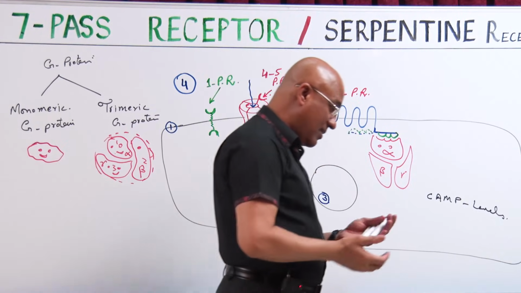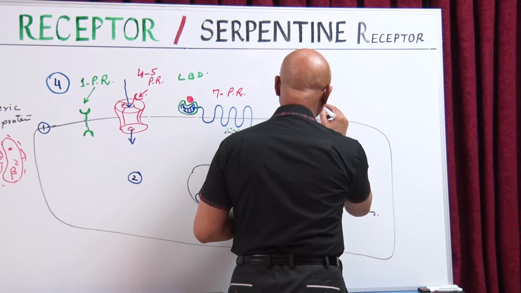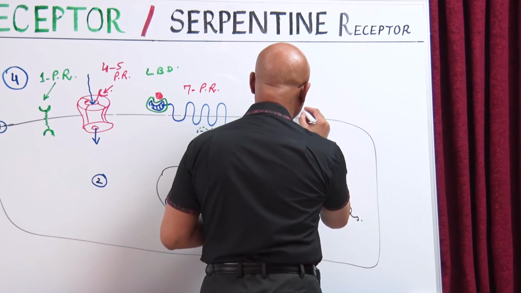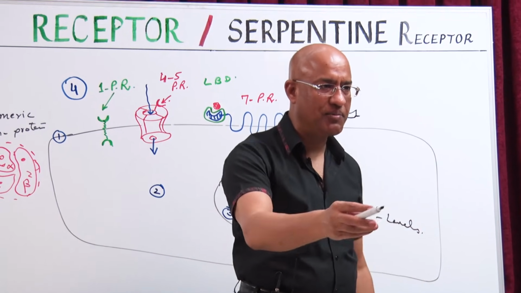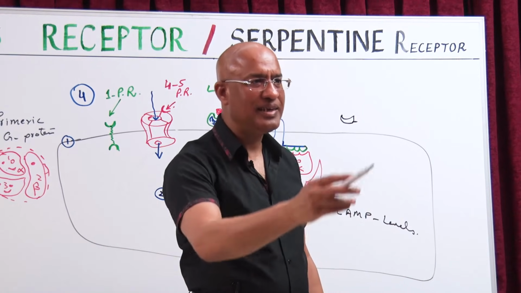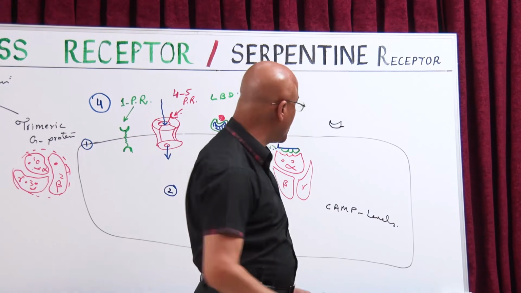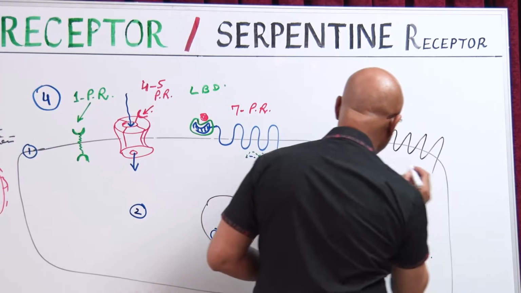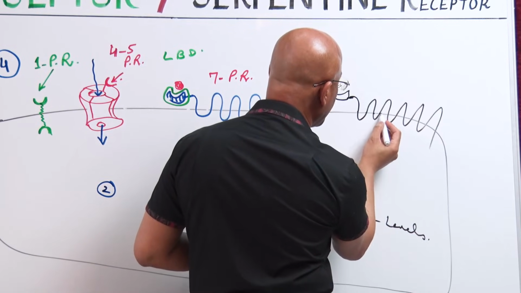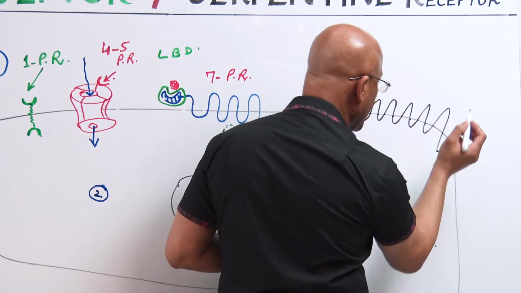Then there is another group of receptor, and mostly students are not aware of that type of receptor. Another type of receptor present in the membrane. Yes, anyone from here? There are? Yes, from there. 12 pass receptors. Very good. There are also 12 pass. 1, 2, 3, 4, 5, 6, 7, 8, 9, 10, 11 and 12.